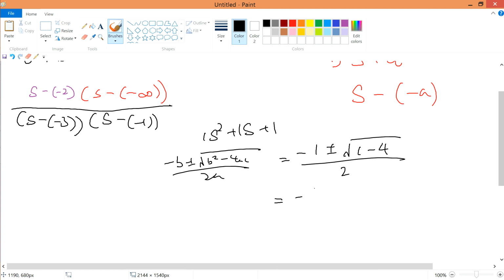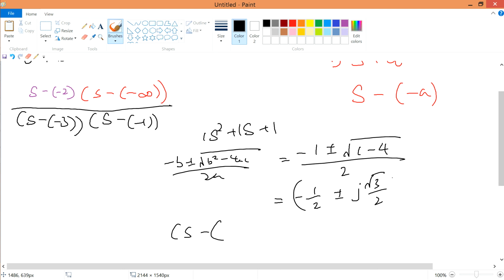I'll have minus half plus or minus j square root 3 over 2. So the roots are minus half plus j square root 3 over 2, or minus half minus j square root 3 over 2.